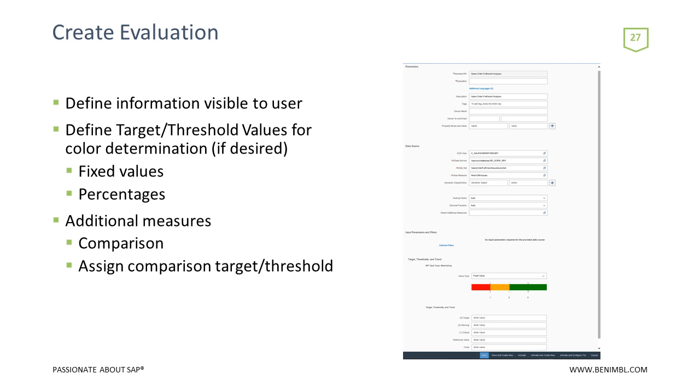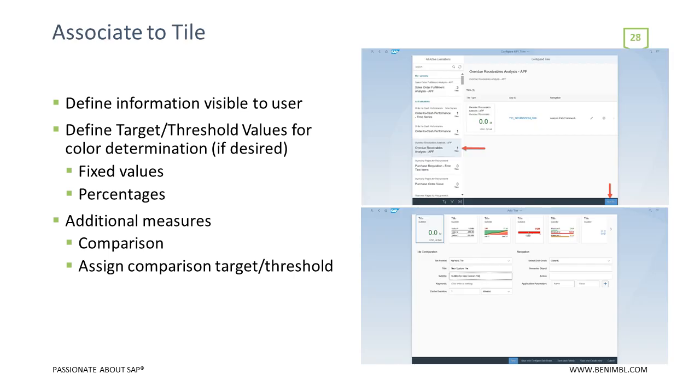And then the last thing you want to do is you create your KPI, you create your evaluation, and then you want to basically say, here's how my tile is going to look and feel. Do I want it just to look as a number, as a percentage? Do I want to create it as a dual type of tile with a number and maybe some cool little metric on the side? Do I want to make it look like just a simple type of bar? Do I want to make it look like a flow, like a waterfall flow?